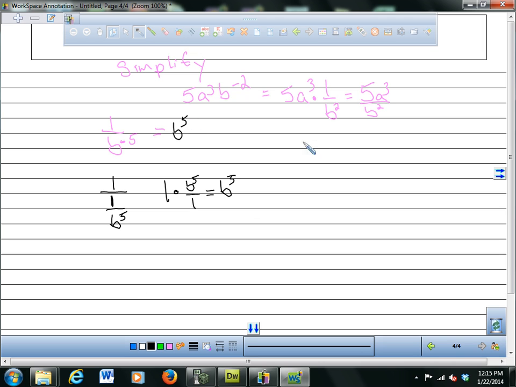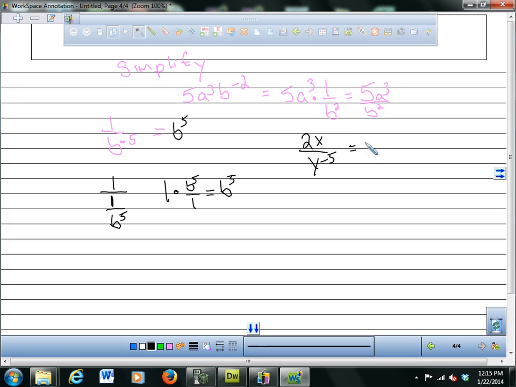So if I have 2x over y to the negative 5, and they say simplify, how would I do that? Who can tell me how to do that? That's Sage. What is it? Jordan, go ahead. What did you say?